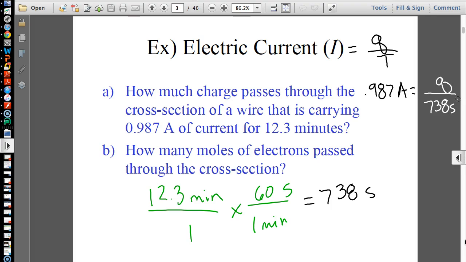I'm going to multiply both sides by 738 seconds, and when you do that, you should get 728 coulombs. And that's just a capital C.